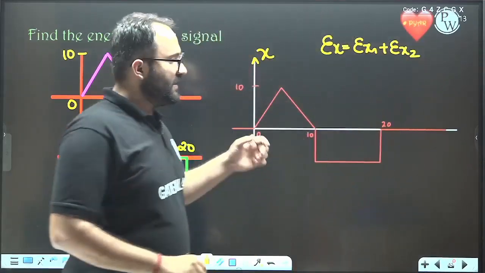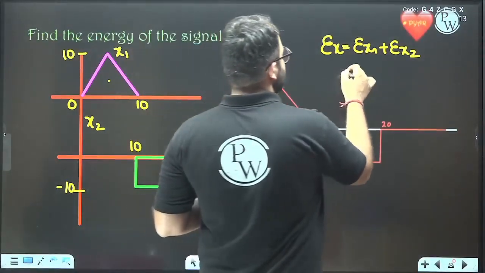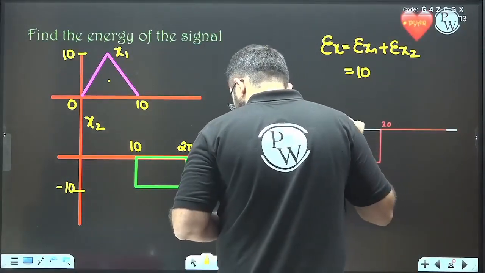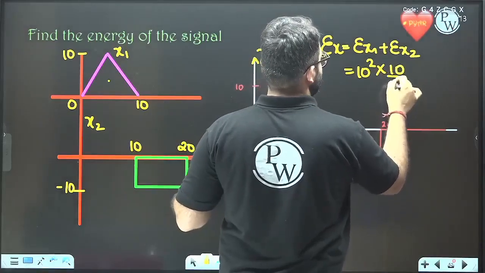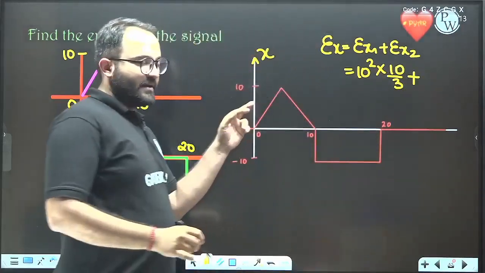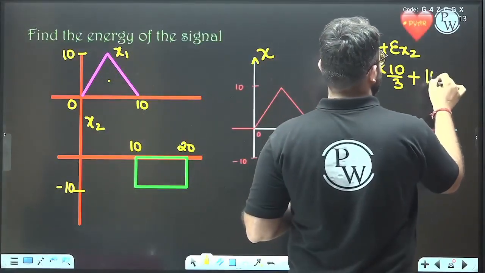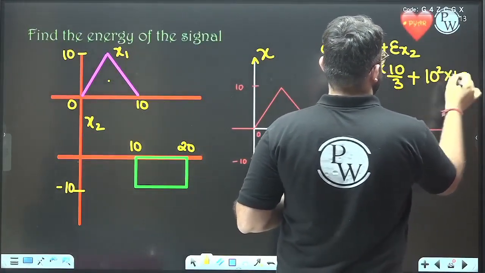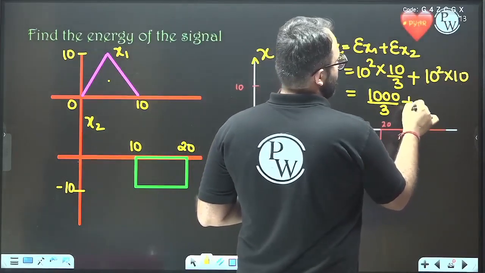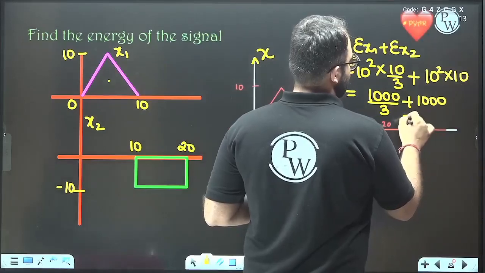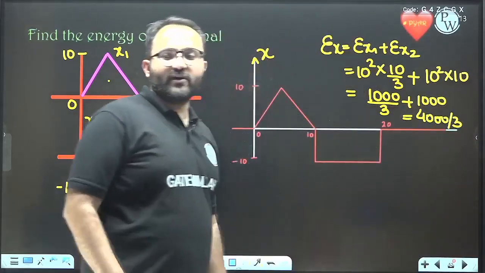The energy of the triangle is height squared multiplied by width divided by 3, plus the energy of the rectangle, which is height squared, (minus 10) squared is 10 squared, multiplied by width. So this comes out to be 1000 divided by 3 plus 1000. The answer is 4000 by 3. I hope all of you are able to do this.